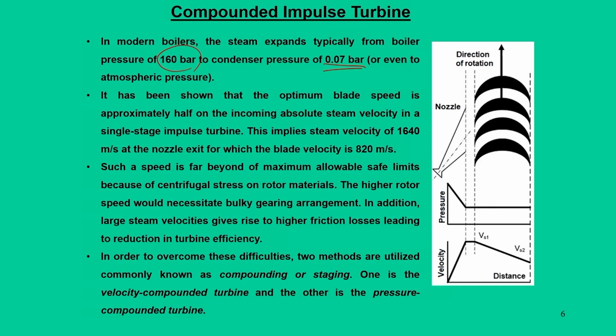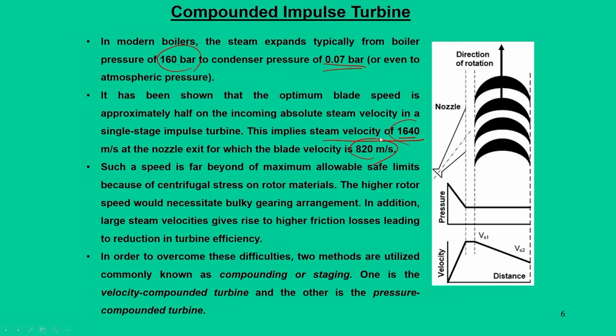Second, from a turbomachinery point of view, there is a limit to the speed at which blades can rotate. Typically, for a steam velocity of 1640 meters per second, which may be available at 160 bar, the optimum blade velocity, which is half of this, is about 820 meters per second.